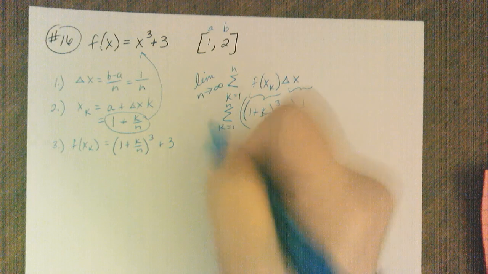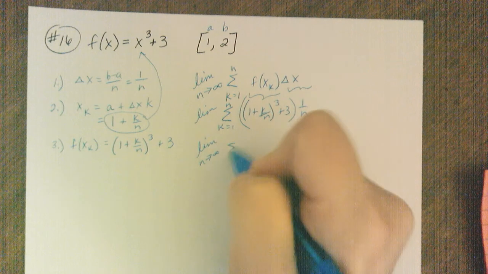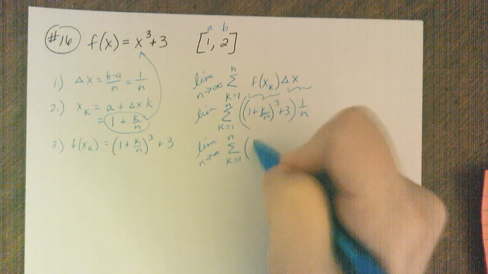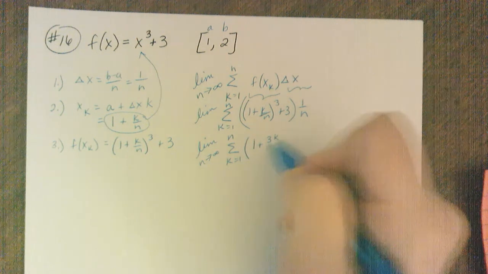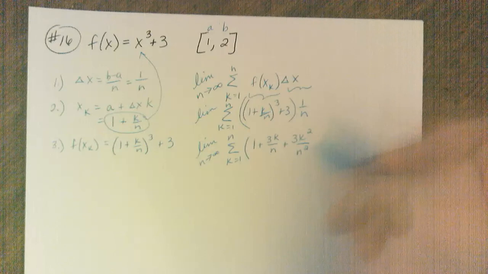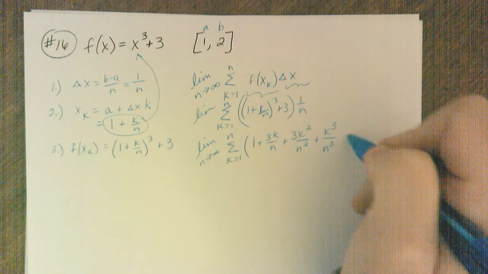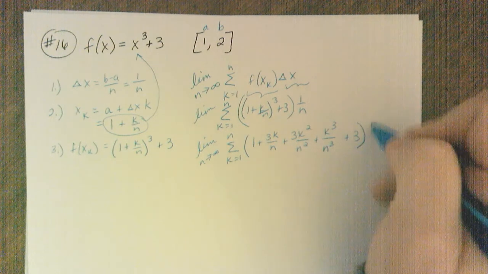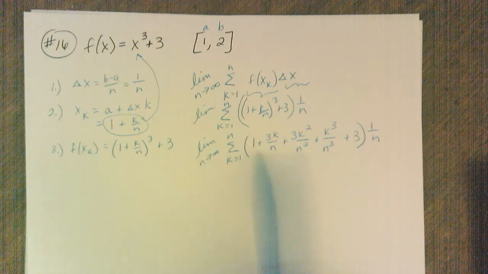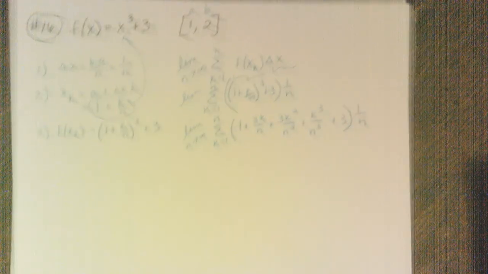So it would be, and this is the limit, it would be, let me just make sure I'm copying it correctly, 1 plus 3k over n plus 3k squared over n squared plus k cubed over n cubed plus 3, times the 1 over n there. This portion right here is cubing it. Believe me. Or don't believe me and see if I got it wrong.